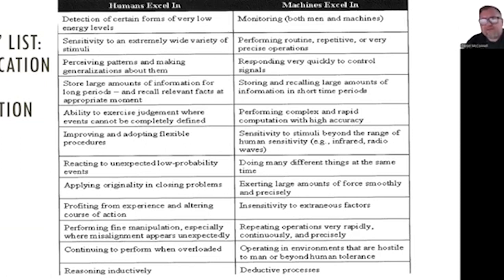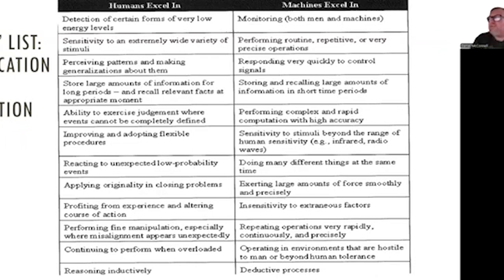Here's another thing we want to think about too when it comes to using automation. Now, this is a slightly dated list. This comes from quite a long time ago. Paul Fitts was another kind of legendary human factors psychologist. And he proposed this idea of how to think about, again, the difference between human intelligence and machine intelligence, which is that humans tend to be very good at being adaptable and flexible and are good at detecting patterns, whereas machines are much more rigid and perform the kinds of activities that we program them to do in a very non-adaptive, fixed, repetitive way.